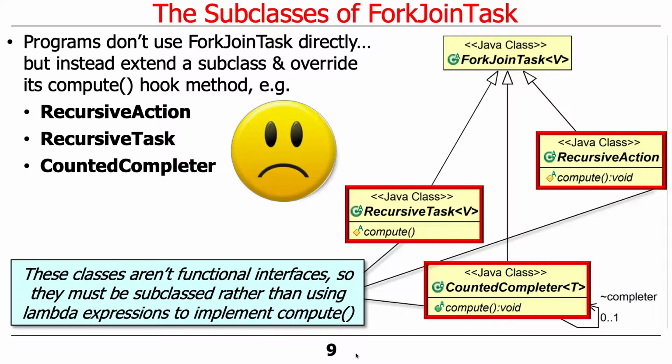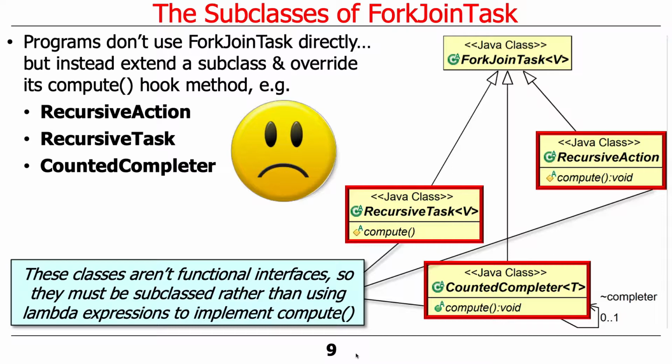So I think if they had a chance to redo it from scratch, they might have made ForkJoinTask an interface with a compute method, and that would have been the one abstract method, and all the other things could have been functional interfaces, and it would have greatly simplified the way in which you implemented the code. But they didn't do that. They didn't have the luxury of being able to completely destroy backward compatibility, so we're stuck with this approach.